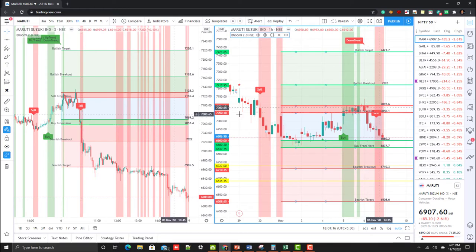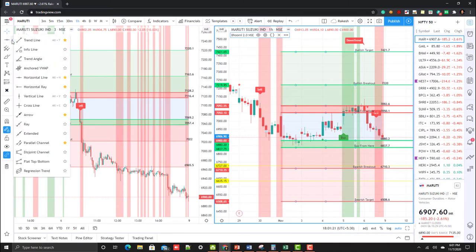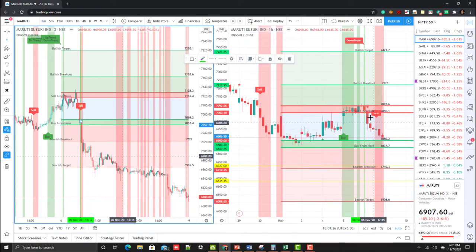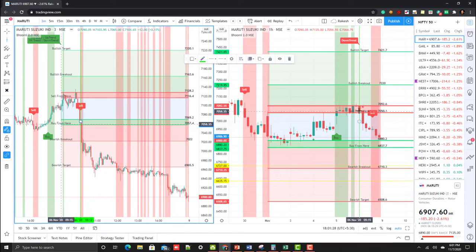And in the higher time frame, if you look at my cursor, let me mark it. Here is the line, and the same line is also marked here. If you look at the reversal levels, there is a fair possibility of the stock taking a reversal here at the sell from here.